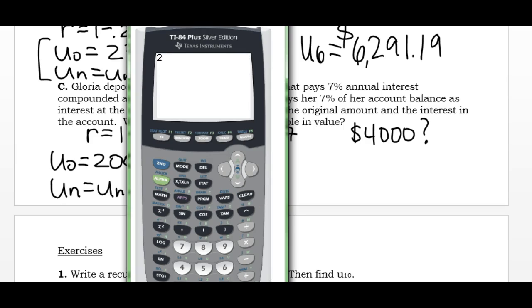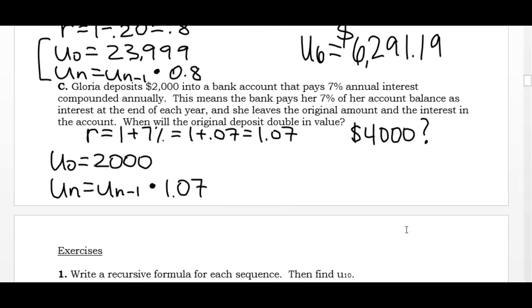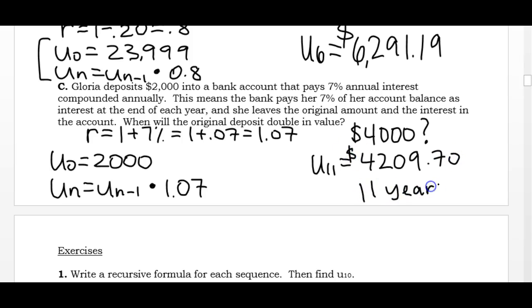So I'm starting with $2,000, multiply by 1.07, and after 1 year, 2 years, 3 years, 4, 5, 6, 7, 8, 9, 10, 11 years, I see my first value over 4,000. So I will write U11 is 4209.70. So the answer to the question then is 11 years.